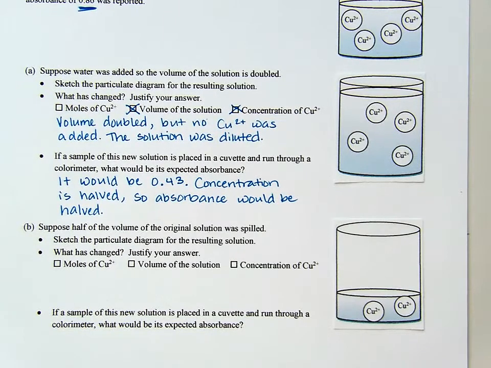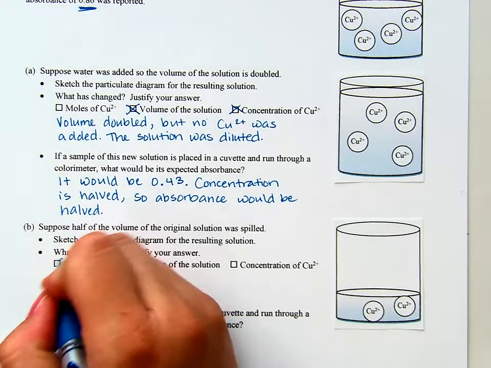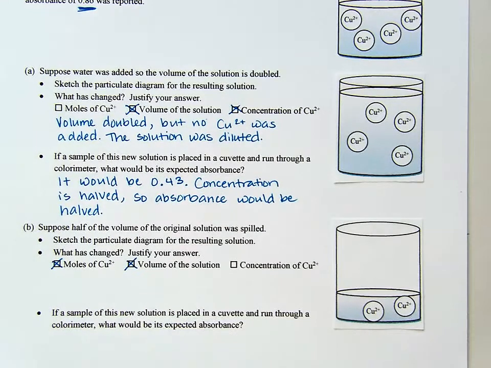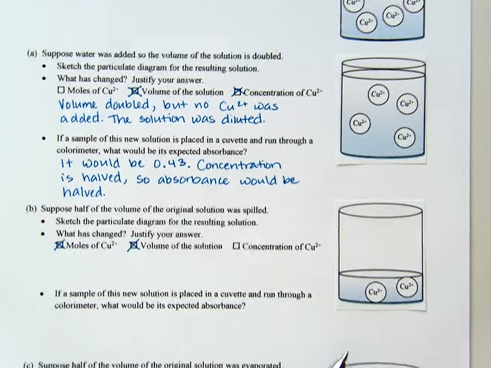So what has changed in this situation? Well, the moles of copper have changed. They've gone down by half. And the volume of the solution has also been halved. The concentration of the copper, however, is exactly the same. Because you have half the copper, you have half the water left. The concentration doesn't change.